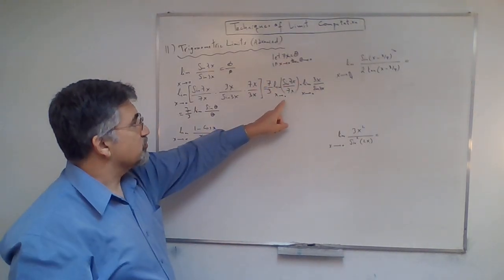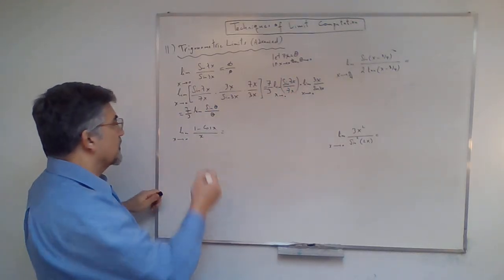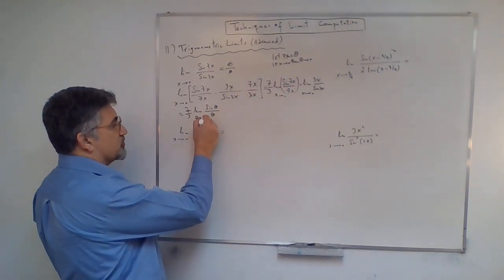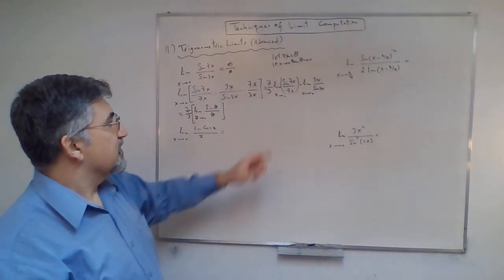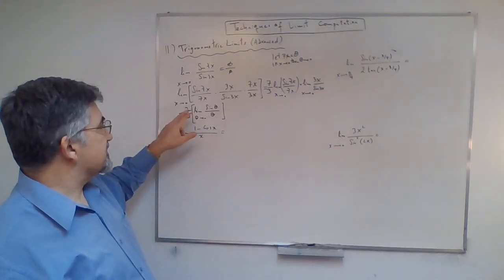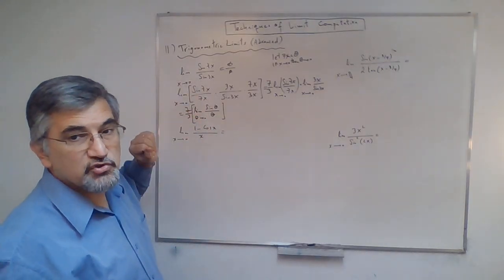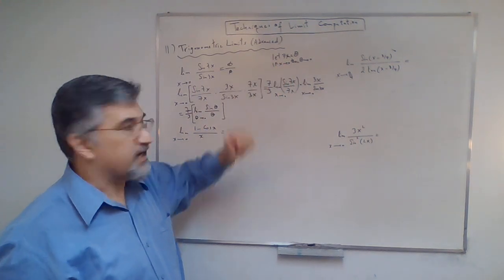When x approaches 0, 7 times x also approaches 0, so this is when theta approaches 0. Instead of the limit of sine of 7x over 7x, this is the same as the limit of sine theta over theta when theta approaches 0, given that theta is let to be equal to 7x.